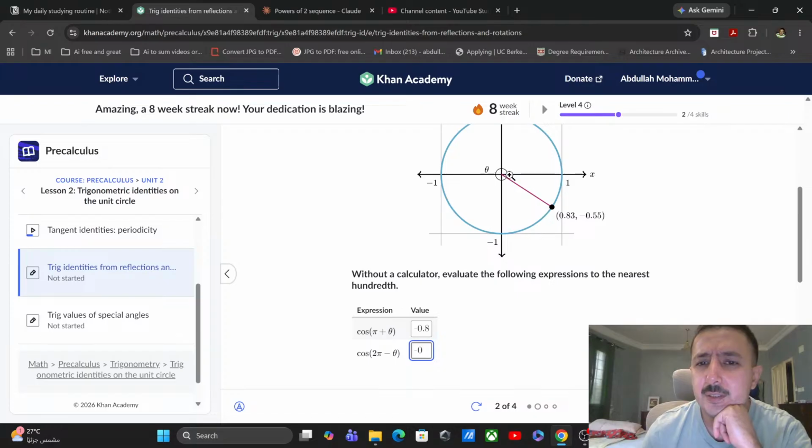We're going to land up here. So the x is going to be 1, and the y is going to be 0. What about the tangent? What is it going to be? 1.